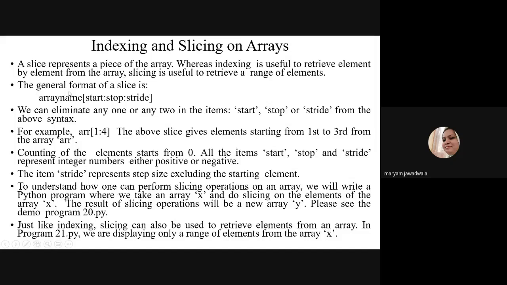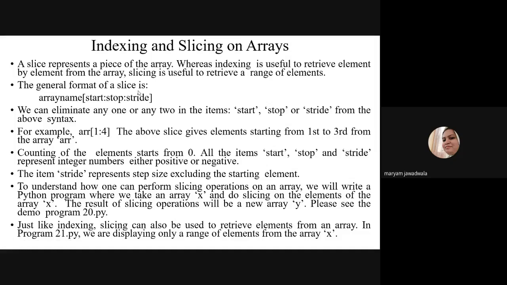So what is the general format of slicing? For the slice operator, you write the array name and square brackets, with 3 items: first start, colon, stop, colon, stride. Here we can eliminate any one or two of the items, so I can use the operator with either start or stop or stride or any one.